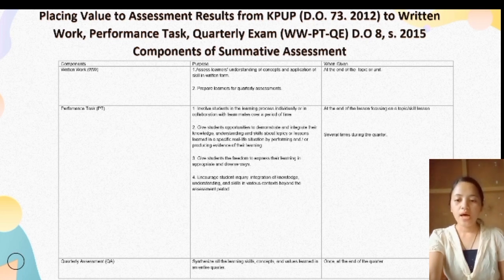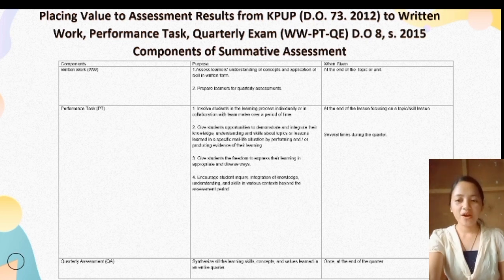Below, we have the table about the components of summative assessment. The first component is written work, and we have in the second column the purposes, and in the third column when given. The purpose of this written work component is first, to assess learners' understanding of concepts and application of skills in written form.